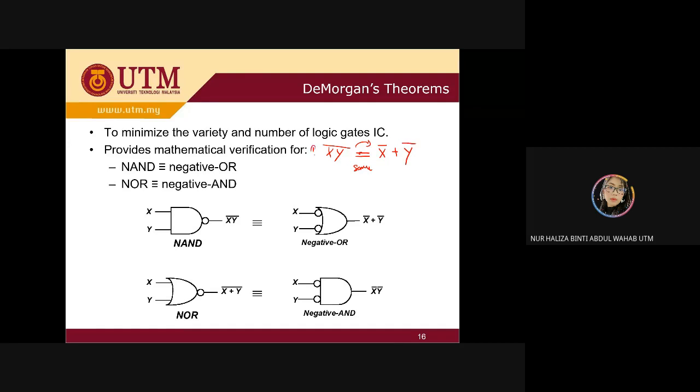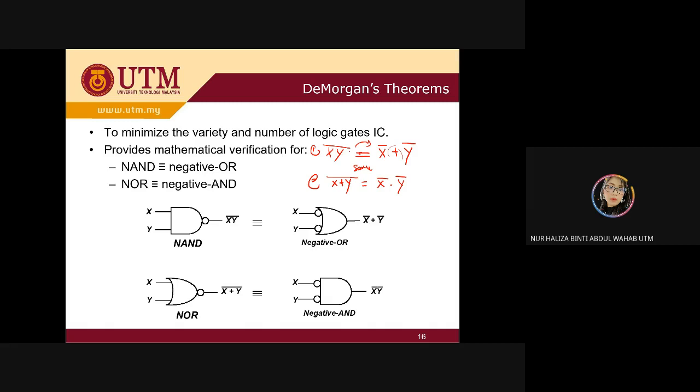This is one rule. And another one is when you have (x plus y) bar, it is equal to x bar dot y bar.